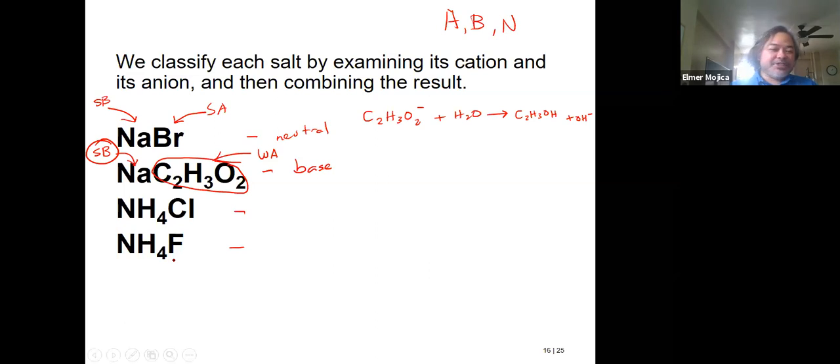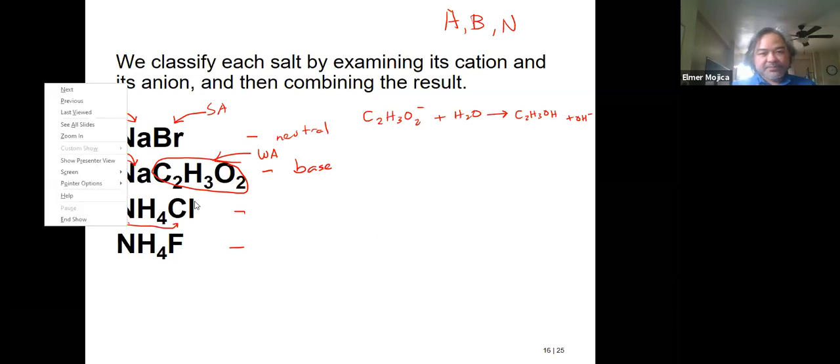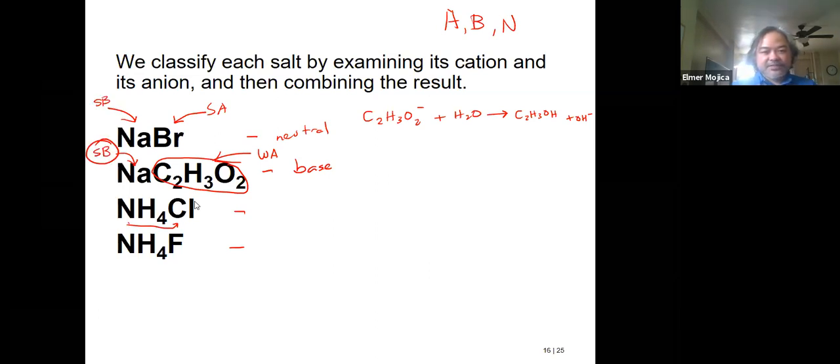So here, the source of it coming from a strong base will dictate that the solution will be basic. How about the third one here? Okay, so it came from a base, so you could say it's a weak base, and this one came from a strong acid.